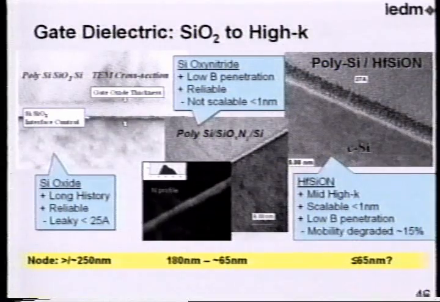It does still have a problem with mobility degradation of about 10 to 15%. So there's still work obviously to be done in the high K area before it's going to be implemented. And I won't go into all the possibilities here, but there's all kinds of high K materials being looked at. I put this one up here, not because I'm from TI and we're going this direction, but it is one that looks pretty reasonable, and I had pictures of it.